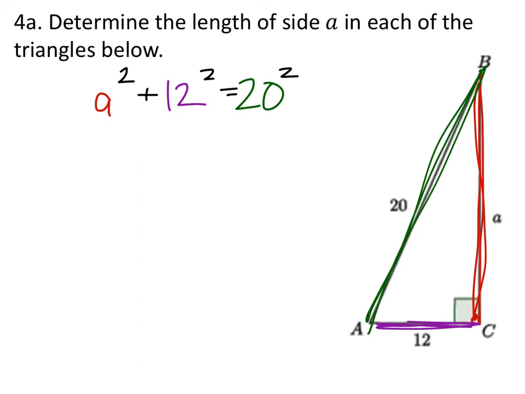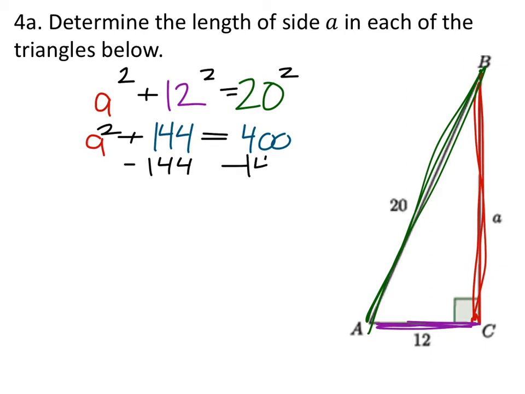So if I evaluate these, 12 to the power of 2 is 144, 20 to the power of 2 is 400, and the rest of it stays the same. So now to solve this one, I'm going to have to isolate the a squared, so I've got to subtract that 144, just using principles of equality.